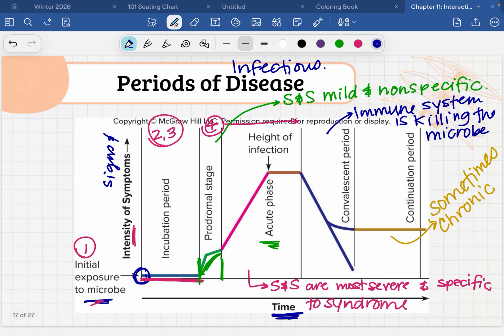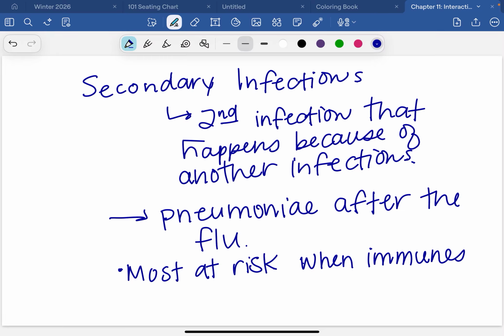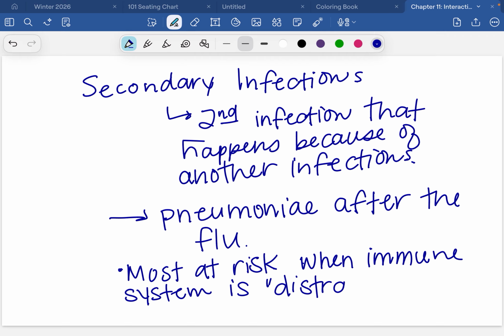And I want to point out on this part that you are most at risk for secondary infections when the immune system is basically distracted, I guess is a good way of putting it.